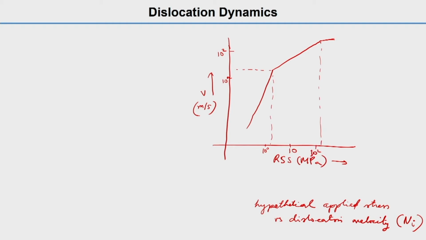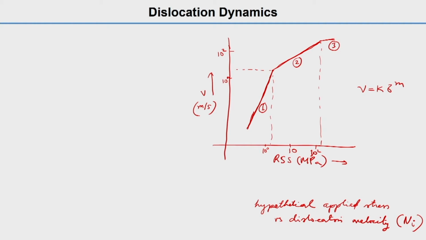Now there are three regions: region 1, region 2 and region 3. If you check one of the earlier equations, V equals K sigma to the power m.